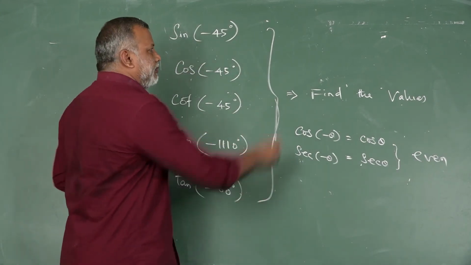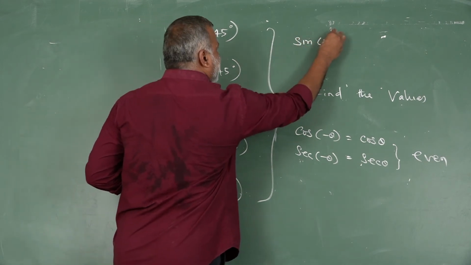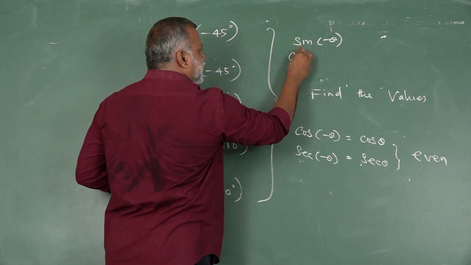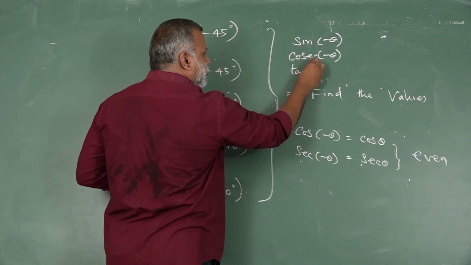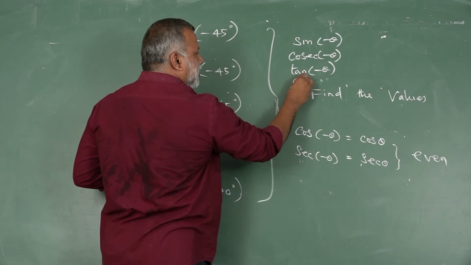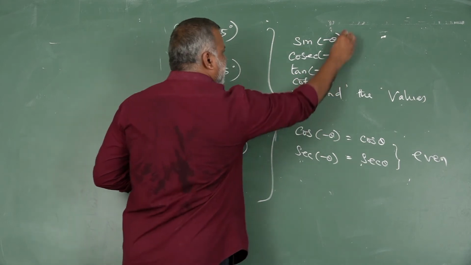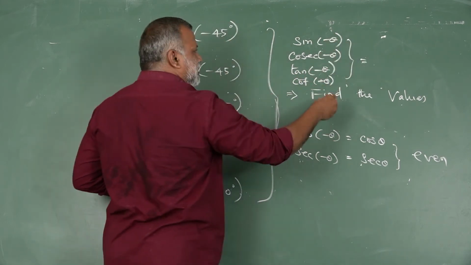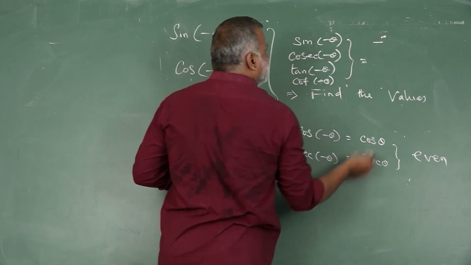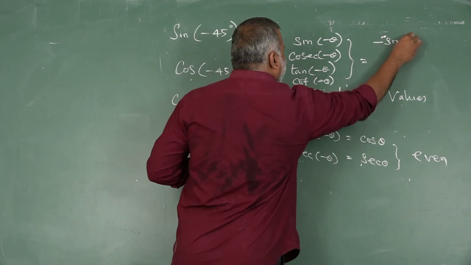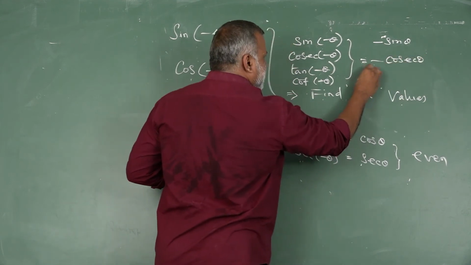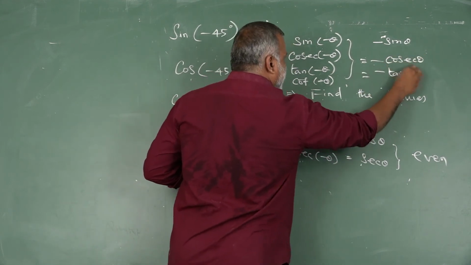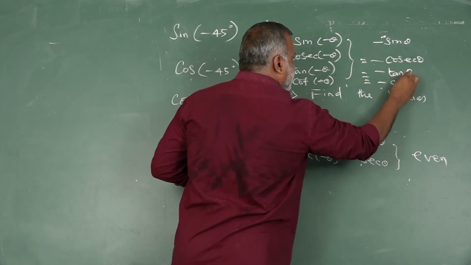The remaining four, sin of minus theta, cosecant of minus theta, tan of minus theta, cot of minus theta, all four results will produce minus sin theta, minus cosecant theta, minus tan theta, minus cot theta.